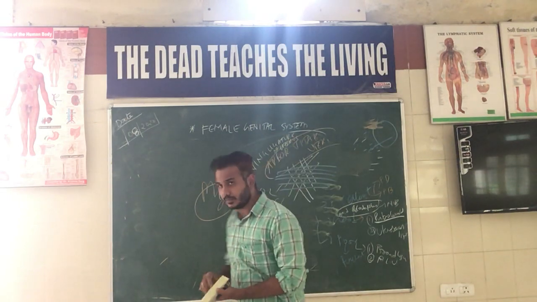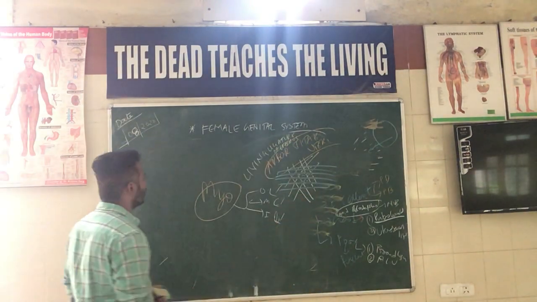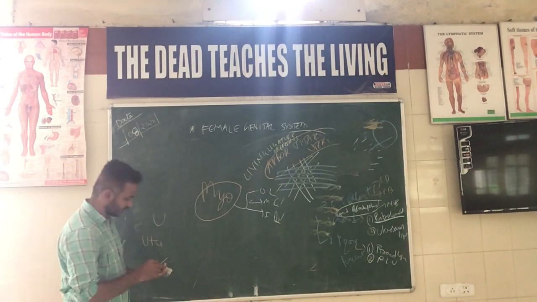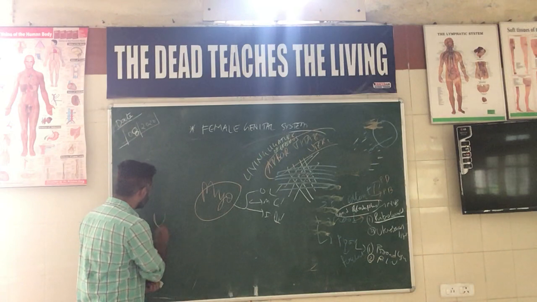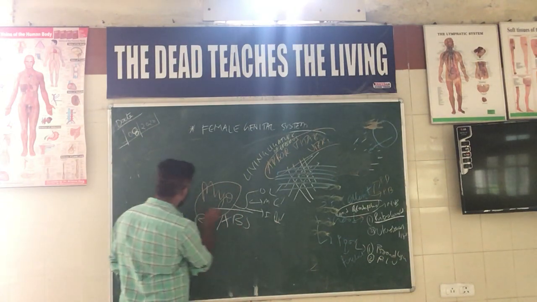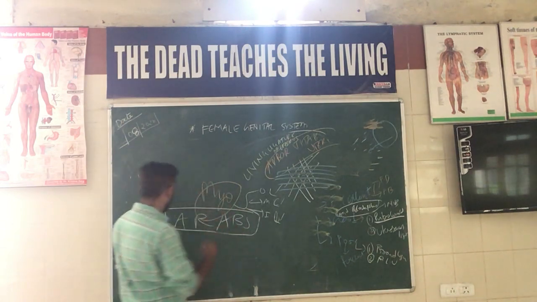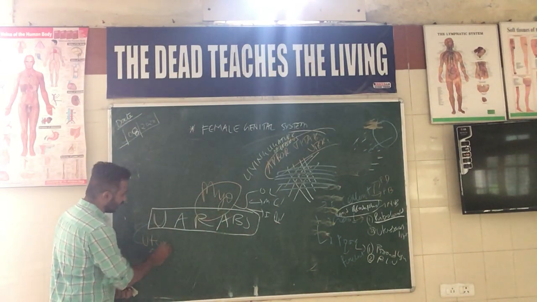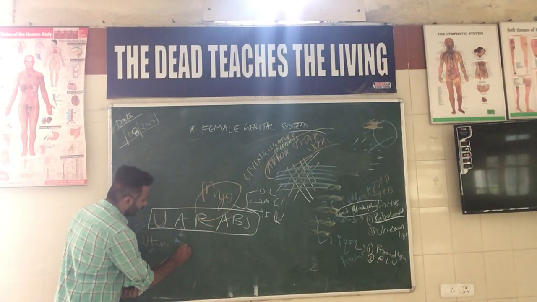And one more thing, I'll tell you about the branching pattern of the uterine artery. There is a mnemonic to remember these things, called URFs. This is the mnemonic for the branching pattern of the uterine artery. The first is the uterine artery. Next is the arcuate artery.